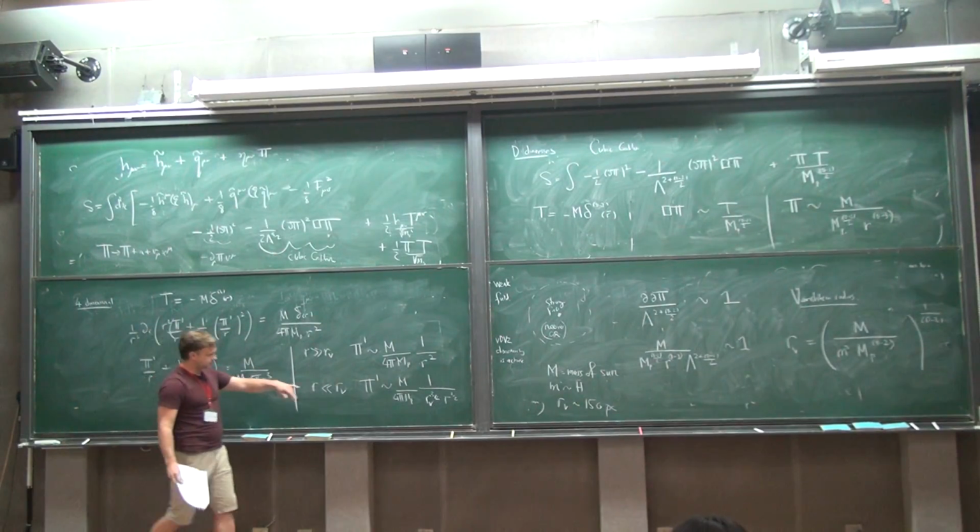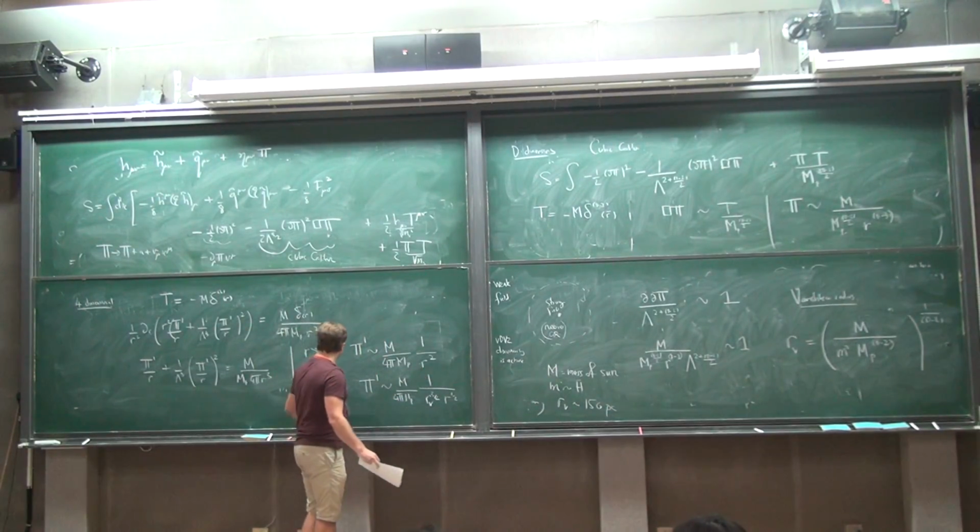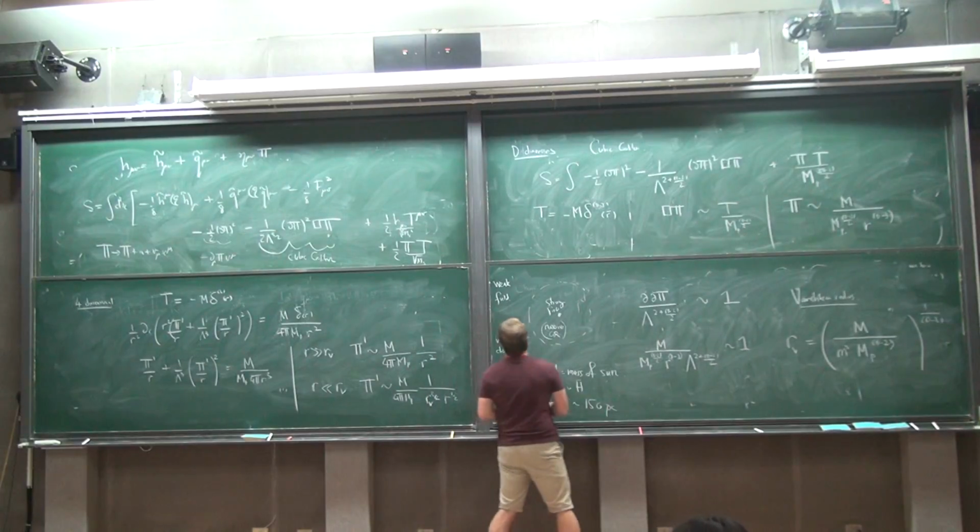But the key point to note is that pi prime goes like 1 over square root of r rather than 1 over r squared, and we're looking in the region at small r.